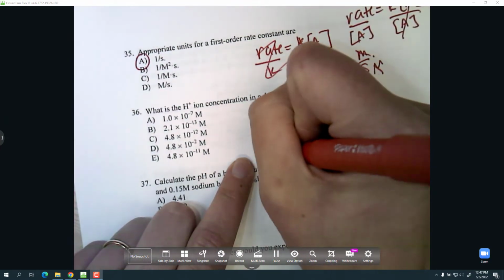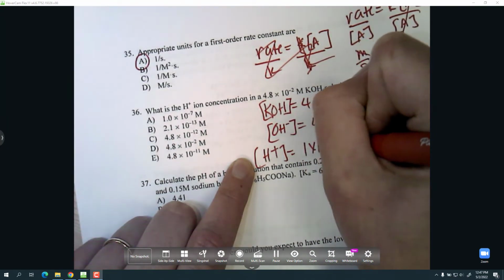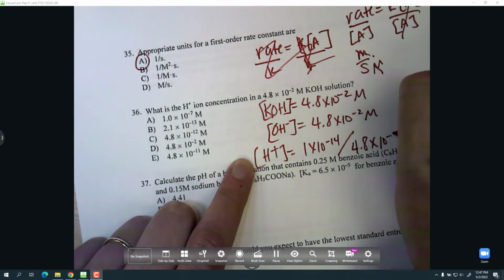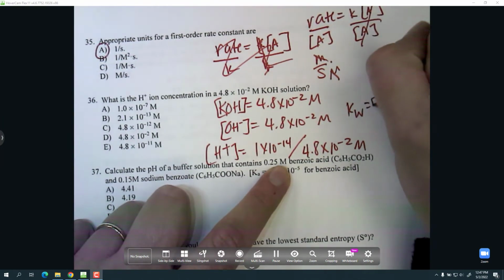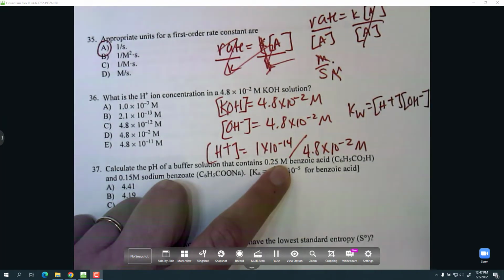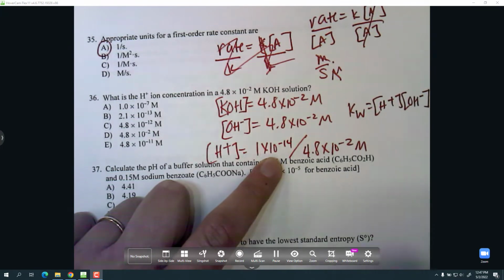And so I can figure out H plus is 1 times 10 to the minus 14th divided by, let me just remind you, Kw is the 1 times 10 to the minus 14th, and Kw equals H plus times OH minus. So I'm just solving for H plus by taking Kw divided by OH minus.